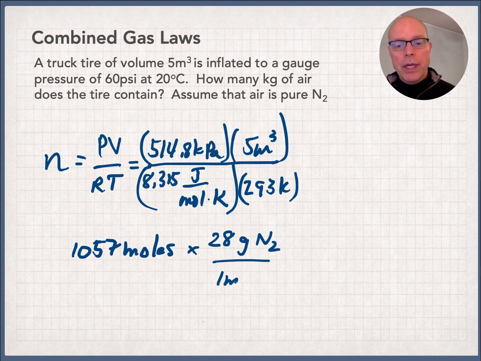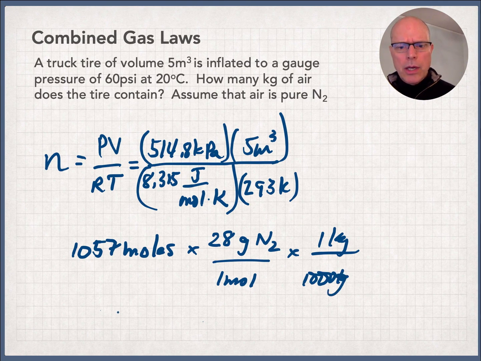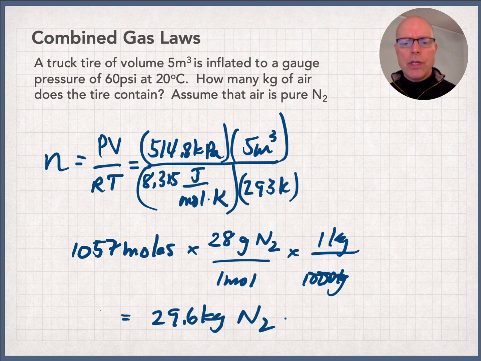Okay, so that's a little thing, but you do want to watch out for it. It'll double your mass sometimes. And then we're just going to go ahead and convert this thing to 1 kilogram over 1,000 grams. And long story short, it turns out to be not a small number. This is like 29.6 kilograms of nitrogen inside that gigantic truck tire. So it really does have weight.